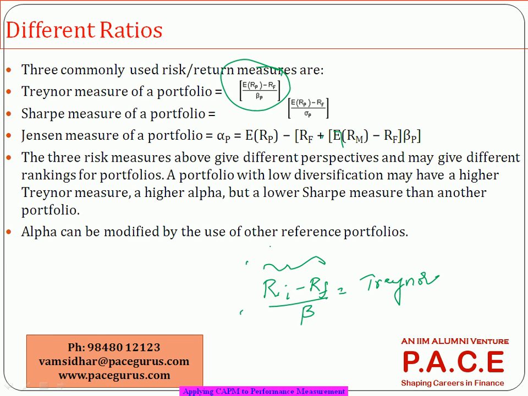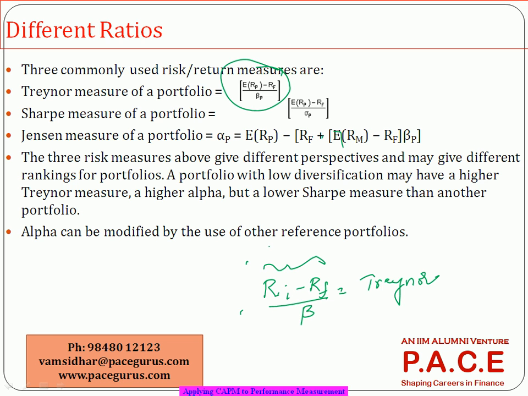So I will not look at it purely from the return perspective as a measurement of the performance of my portfolio manager. I will look at it from the perspective of risk-adjusted return. That is where I am looking at systematic risk and the excess return per unit of systematic risk, which is one of the measures, the Treynor ratio.